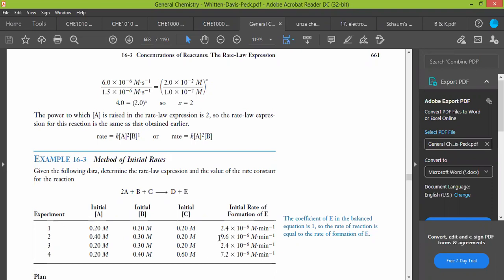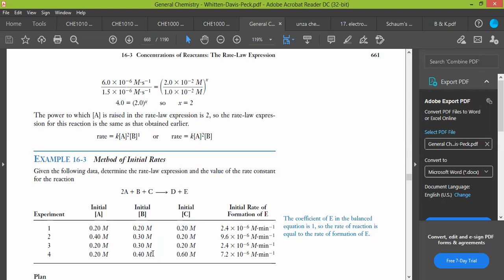So I have established this is second order, zero order, first order. So overall, this reaction remains at third order because it will be 2 plus 0 plus 1. That gives you 3 for the overall order of this particular reaction.